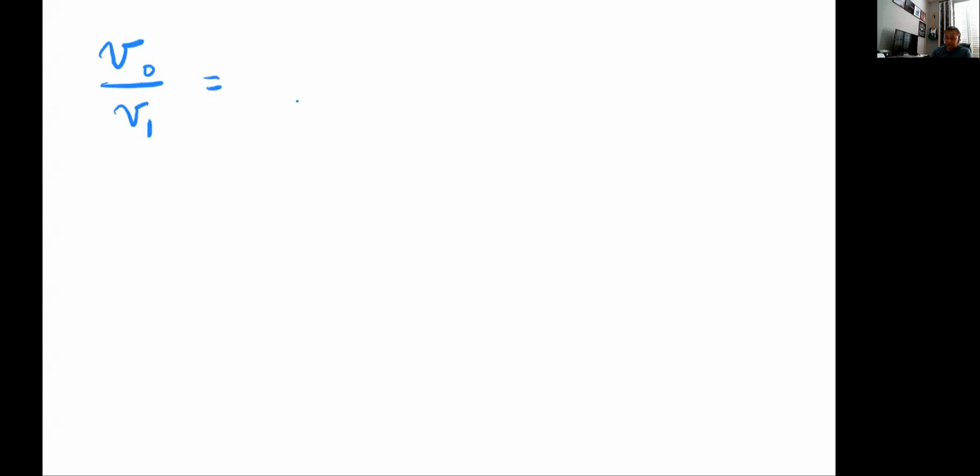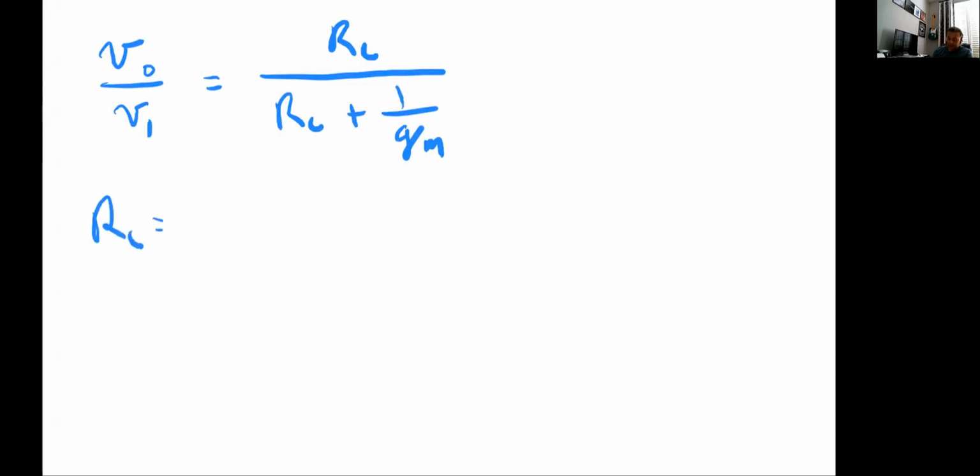And we can see from the small signal model that that's going to be RL. What this RL is, is the output resistance of transistor 1 in parallel with the output resistance of transistor 3 in parallel with the current source associated with the body effect.